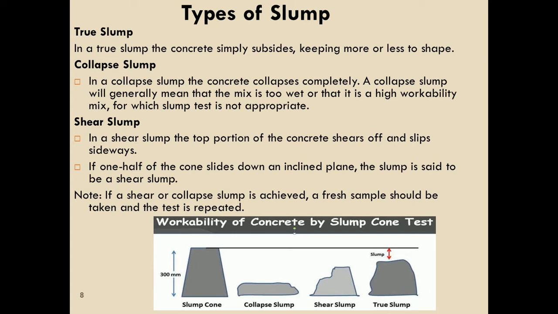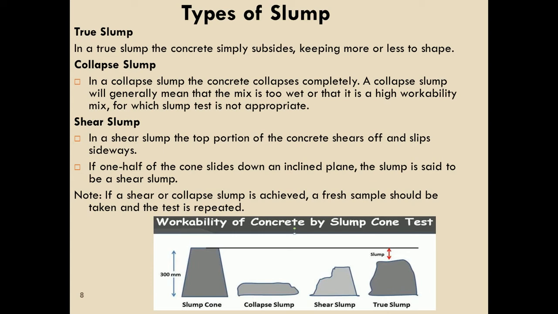Next is shear slump. In a shear slump, the concrete shears off and slips sideways, that is, you can see there is an inclined surface when you lift the mold. So if the concrete settles in an inclined plane, then we call it a shear slump.